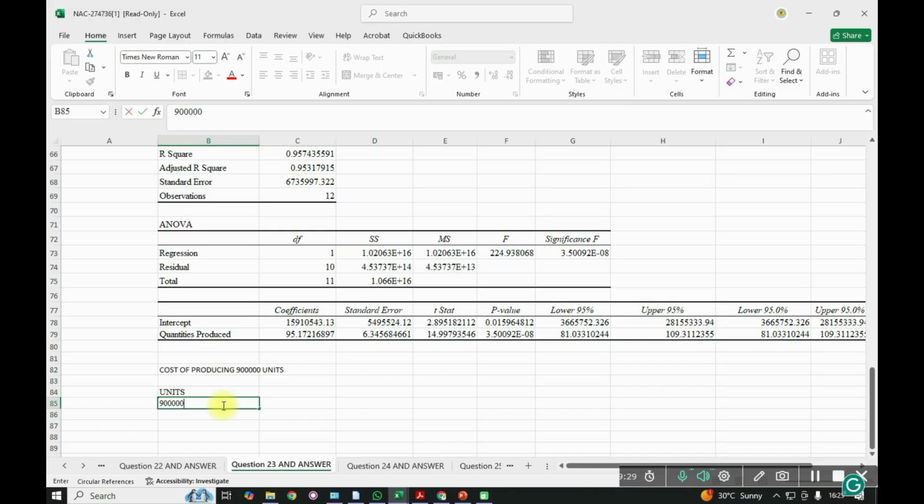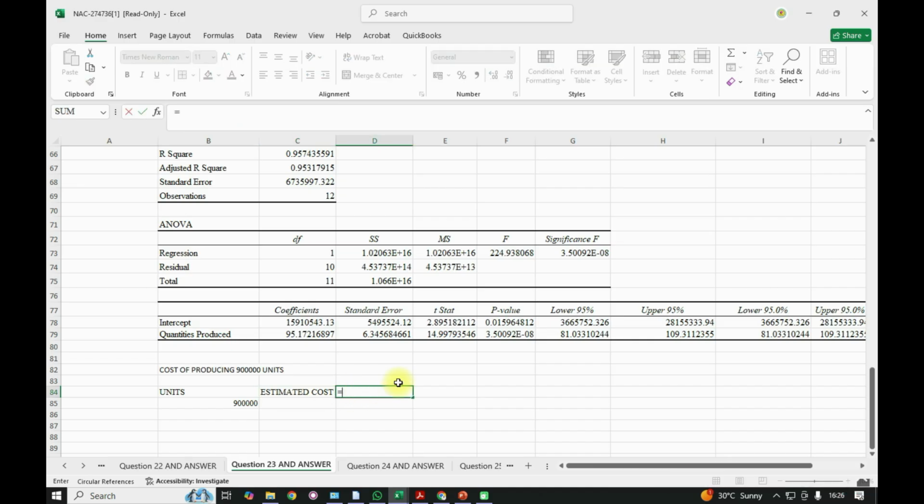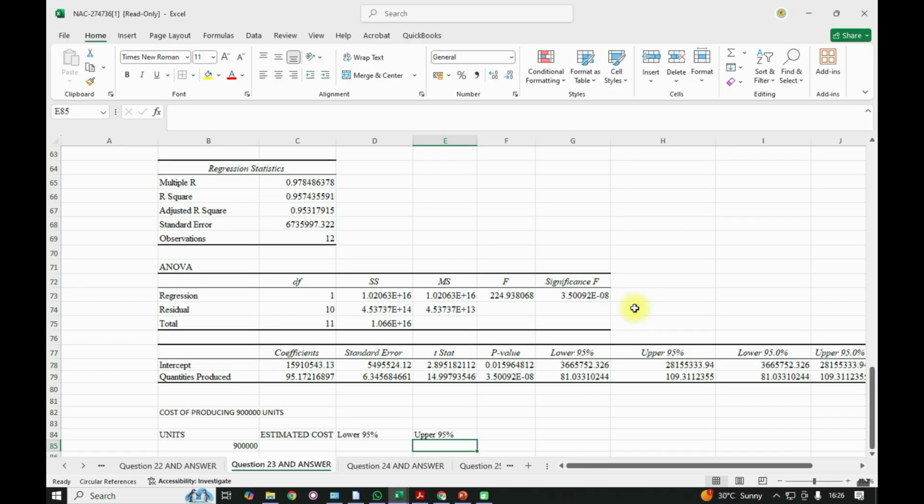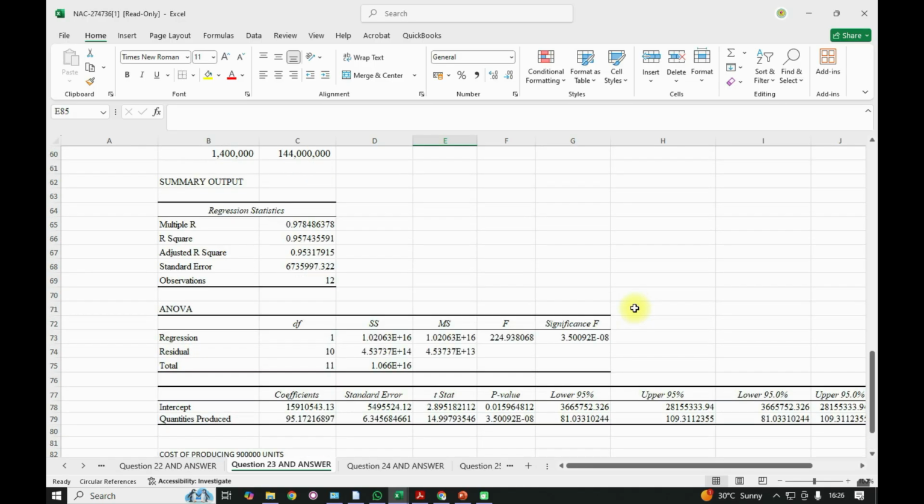And so the predicted, estimated cost. Then we shall have the lower 95 and upper 95.